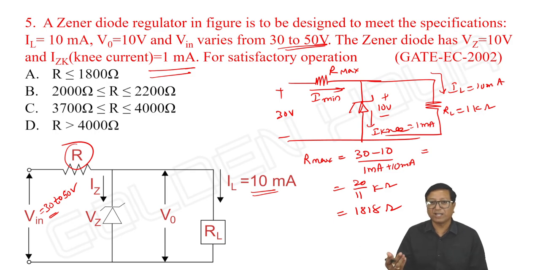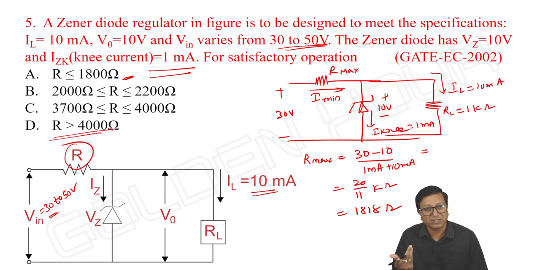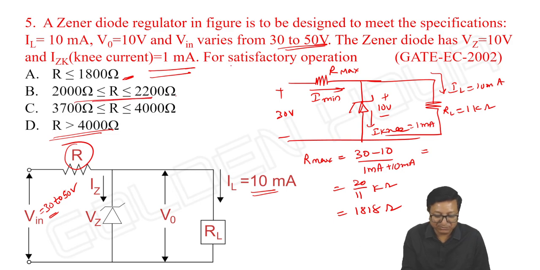If R exceeds this value, the current through the Zener diode falls below its knee current and the Zener diode comes out of breakdown. It means it is no more a regulator. So R can be a maximum of 1818. It looks like the first option is matching. R greater than 4000, is it possible? Not at all. R cannot be greater than 1800. The other options are also greater than 1818.